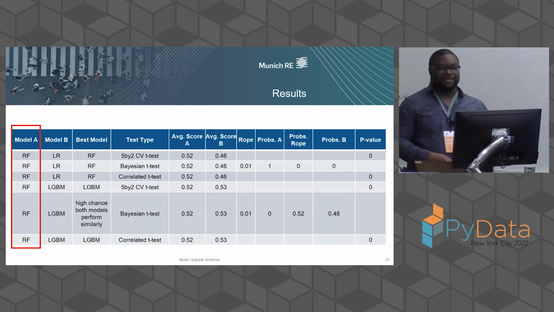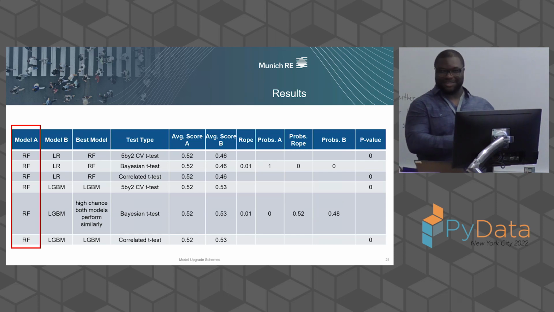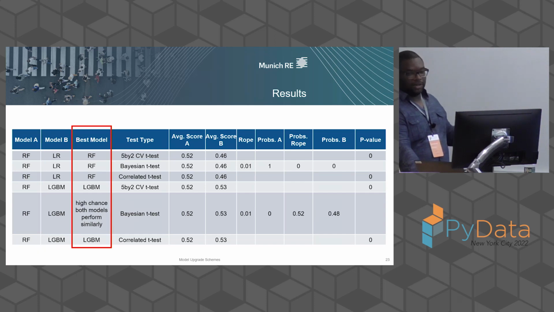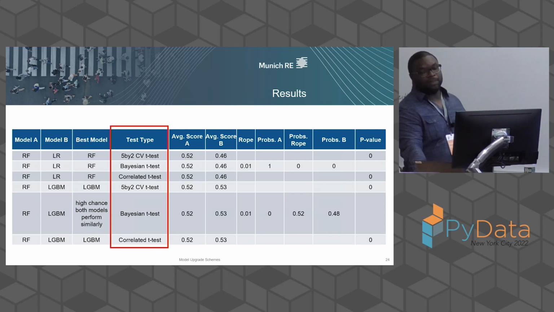So model A means the model that was used in this particular test, same with model B. The next column is what the analysis decides is the best model, for the particular test or analysis that I implemented.